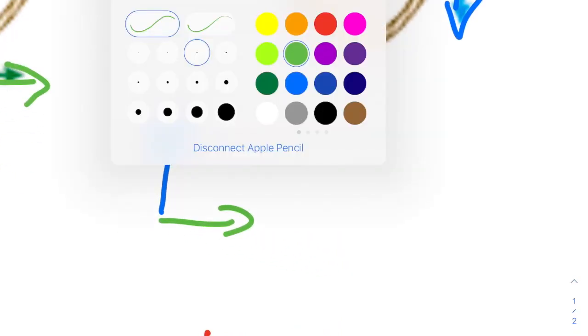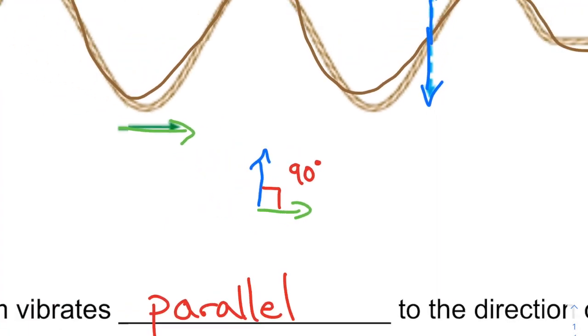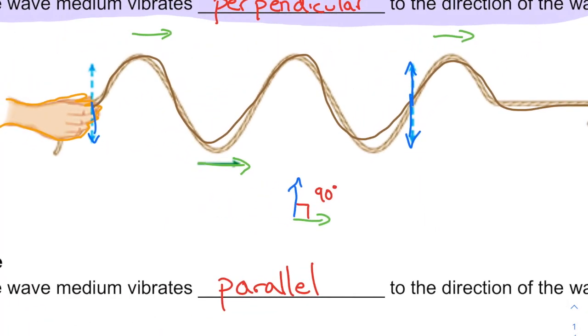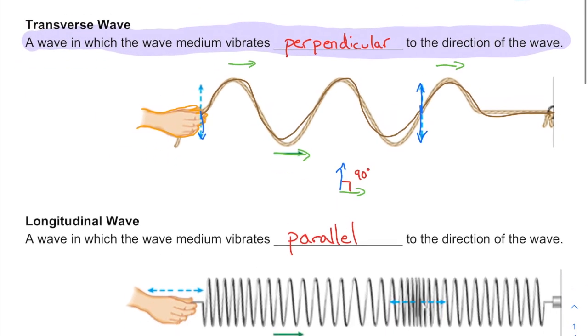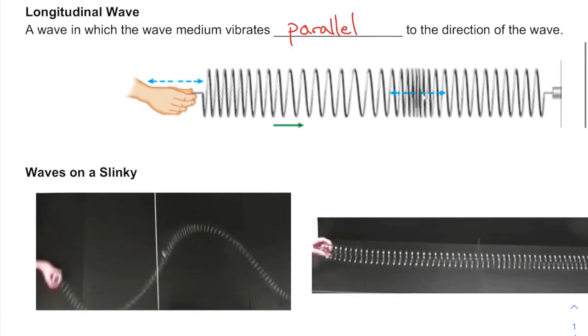They are perpendicular to one another. That is a 90-degree angle. So if you see the wave medium vibrating 90 degrees to the direction of the wave, then you've discovered a transverse wave.